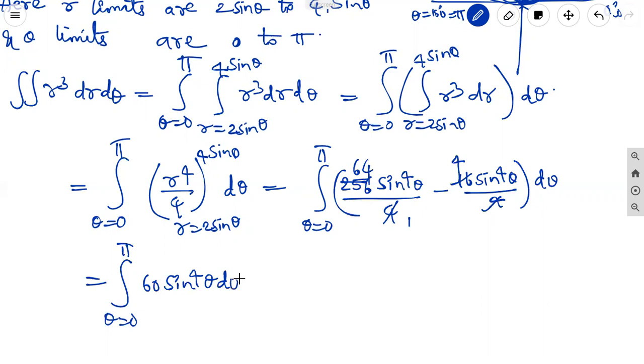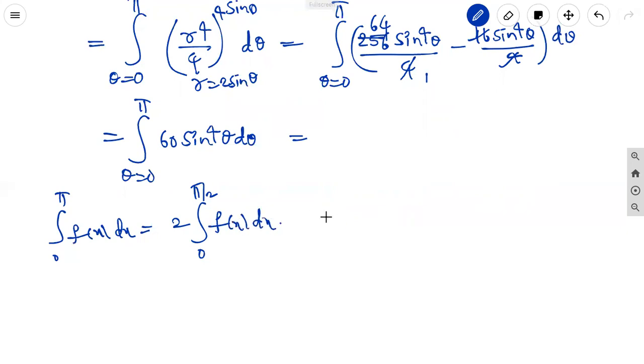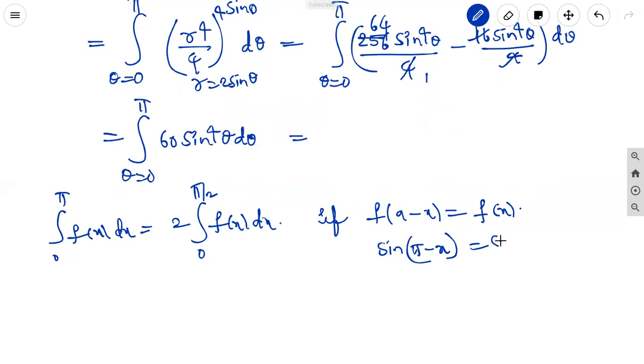If we know that the integral from 0 to 2a of f(x) dx can be written as 2 times the integral from 0 to a of f(x) dx, when f(2a minus x) equals f(x). We know that sin(pi minus x) is equal to sin x.